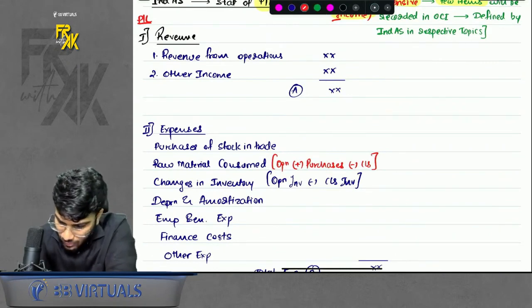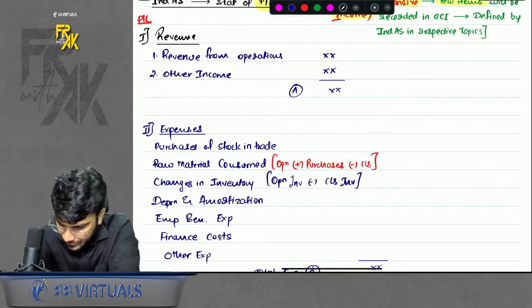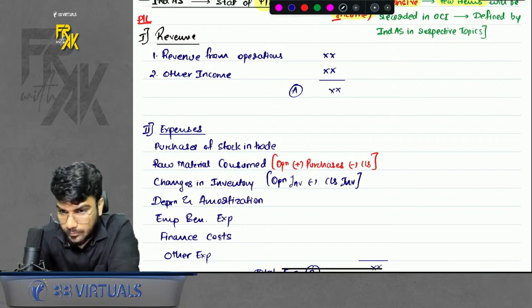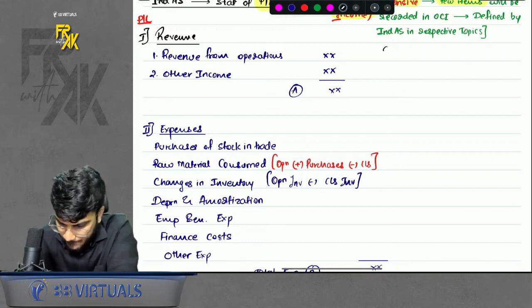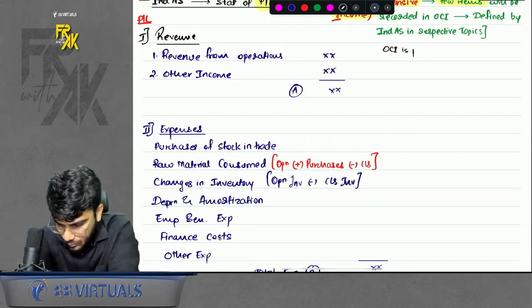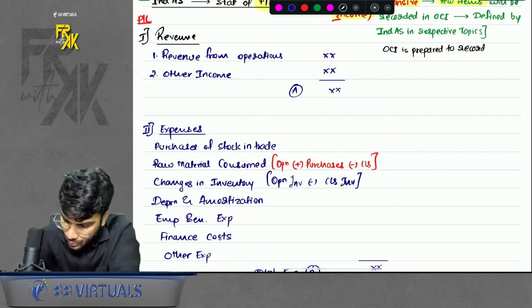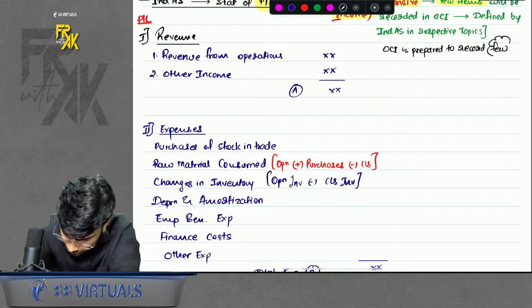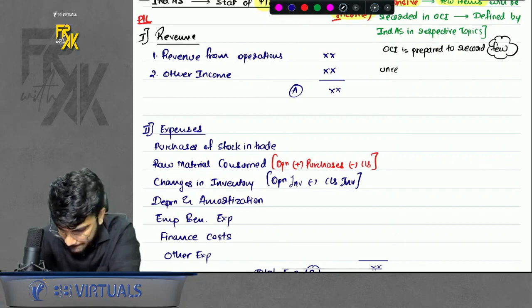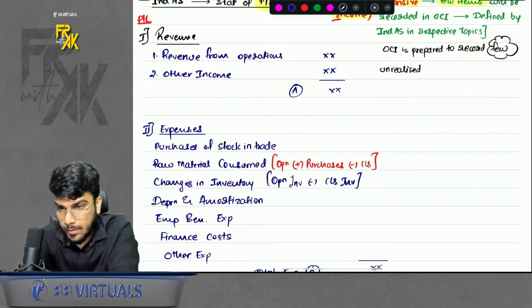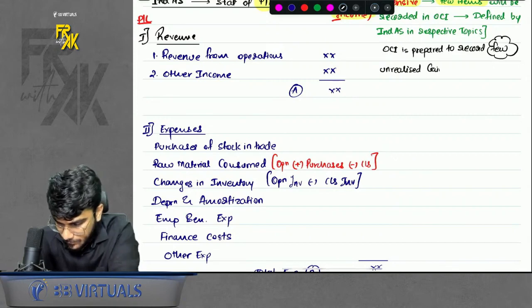Right? Also write down one important note, and that is: OCI is prepared to record few unrealized gains and losses.